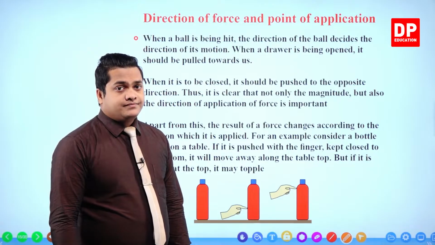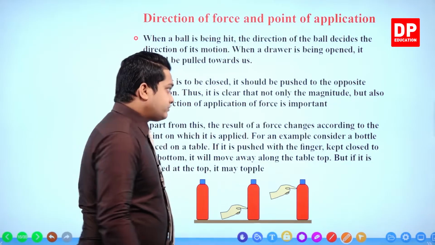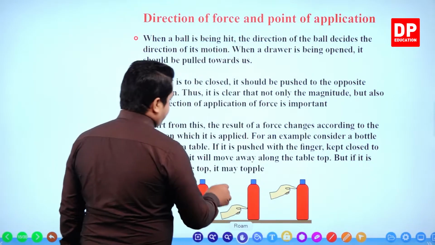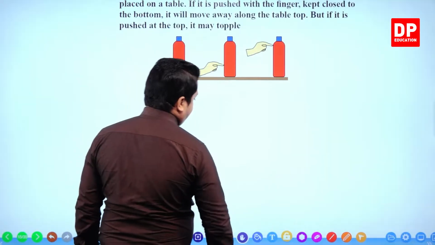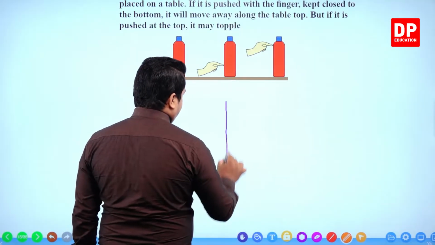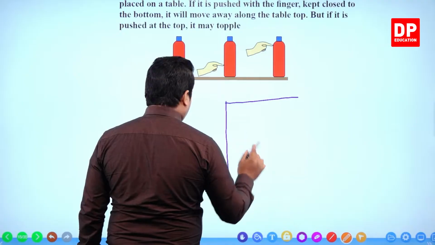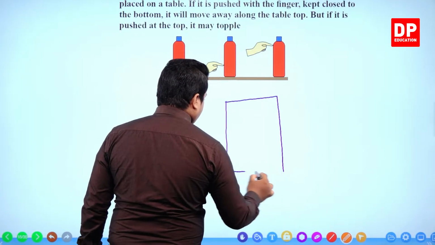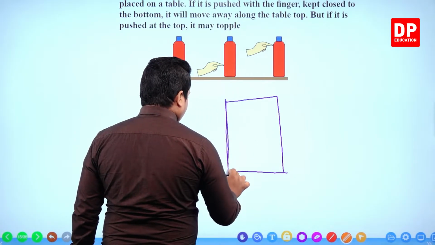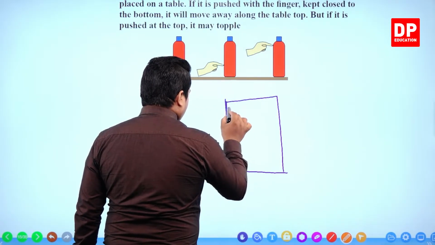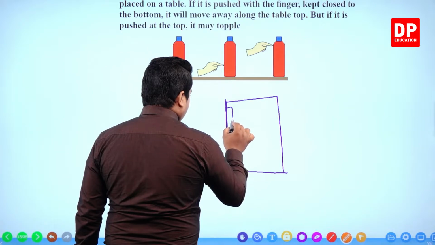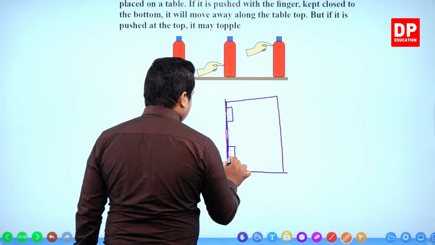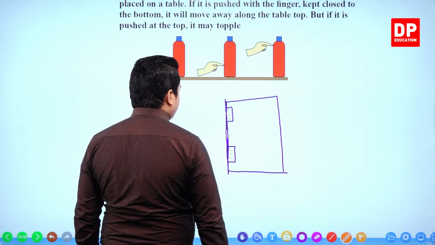And the third one, now the drawer is like this. I'm going to take this one somewhat up. So this is the door, right? You know that there are hinges fixed to the door like this. These are the hinges.